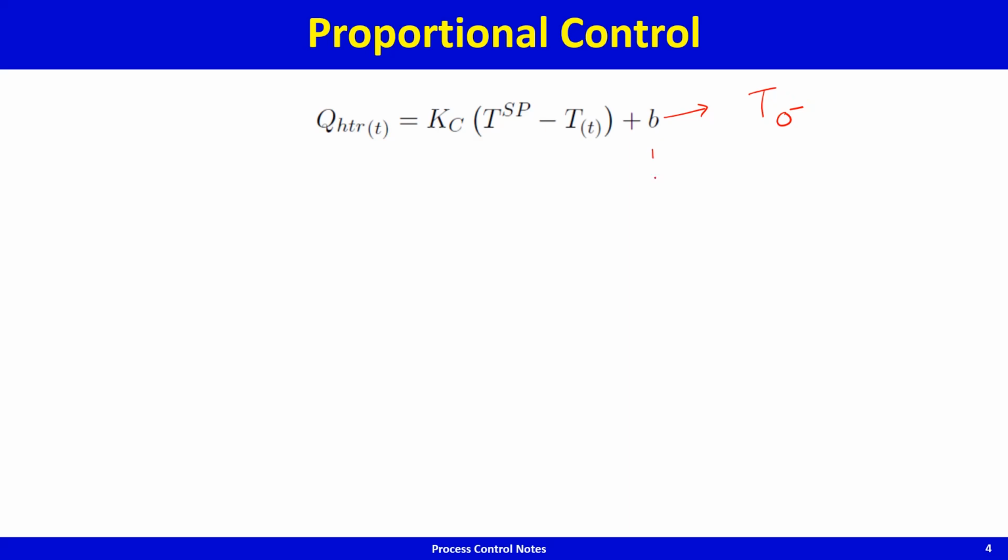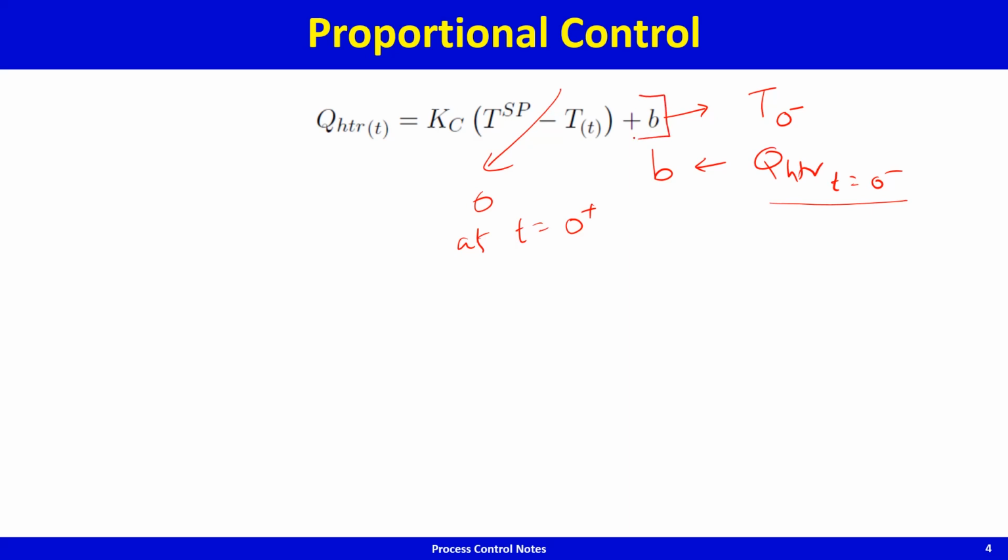So if bias term is initialized to the value of QHTR at T equal to 0 minus, where time T equal to 0 is when you switch on the controller, then you have perfect initialization, because this term is 0 at T equal to 0 plus. Bias term is whatever is the QHTR value at T equal to 0 minus, and now the heater does not slam shut. So this gives us proper initialization.